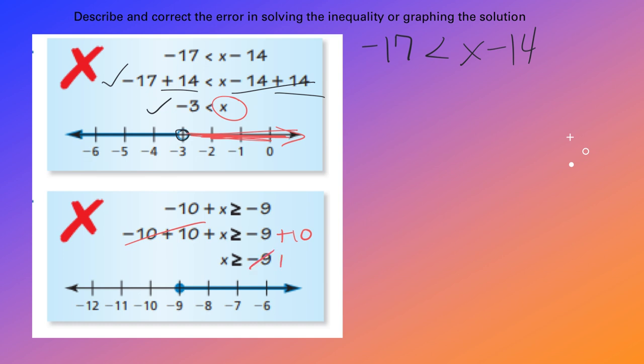So there's a huge difference between negative 9 and 1, correct? So, if I was to graph it, what am I going to do?